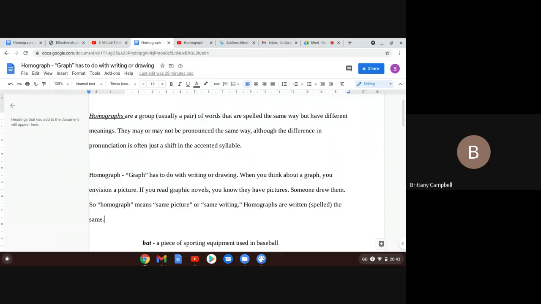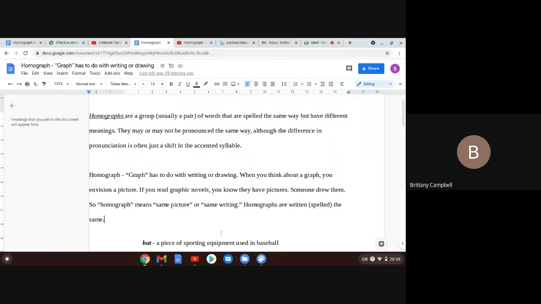So again, just remember homo, which means the same, and graph, either drawing or writing. Think about pictures, yes? Same picture or same writing, whichever one you choose.